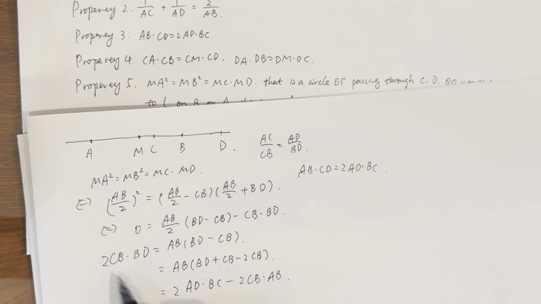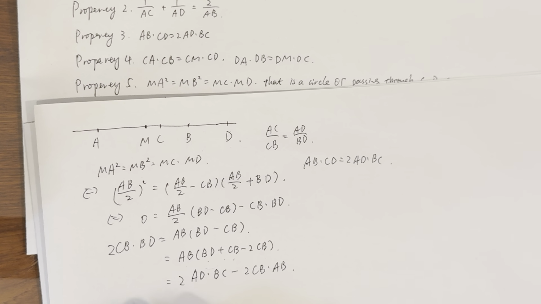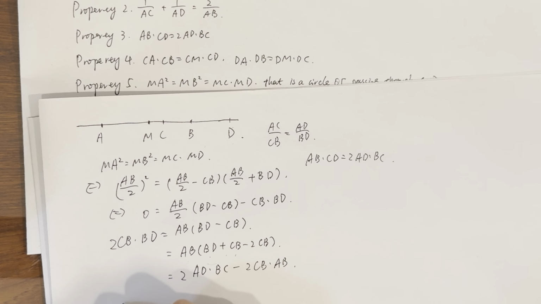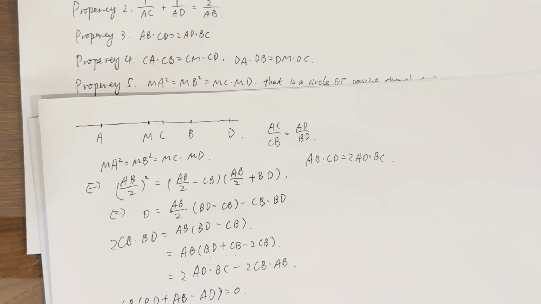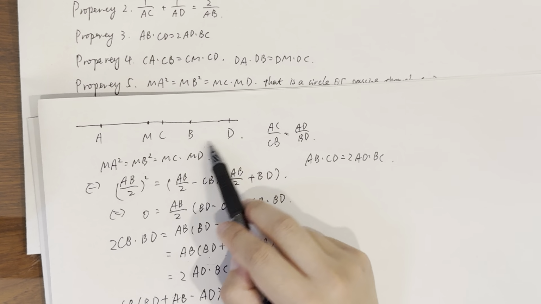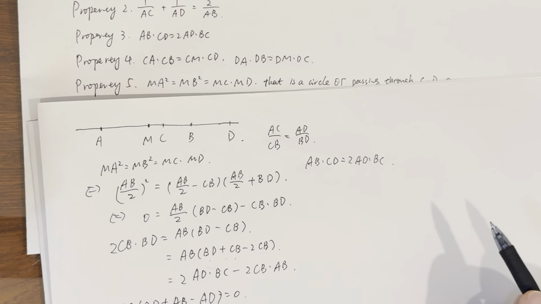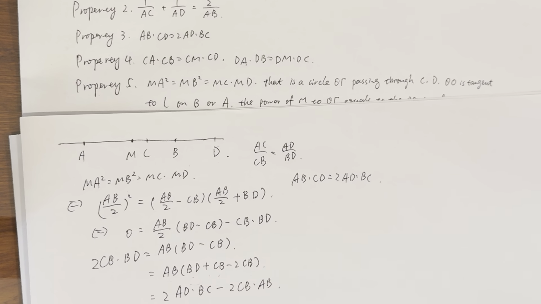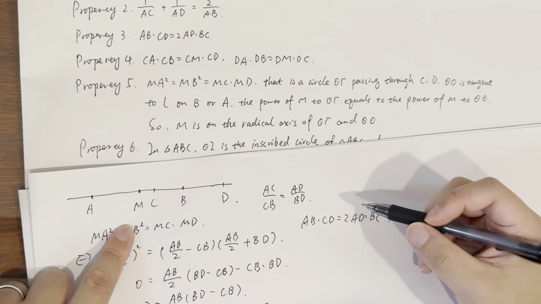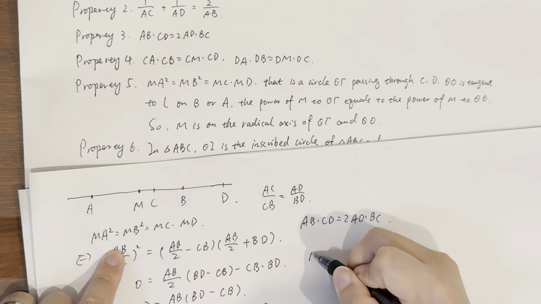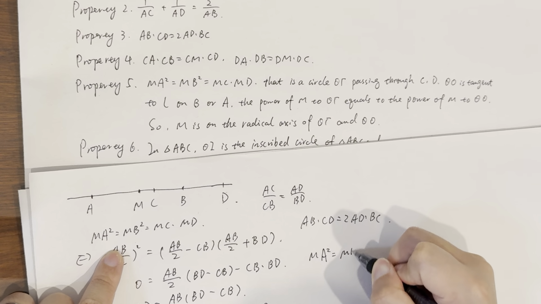Now we can put all the BC terms together, so we want to prove that 2CB times BD plus AB minus AD equals 0, which is true because BD plus AB, that is AD, minus AD is 0.